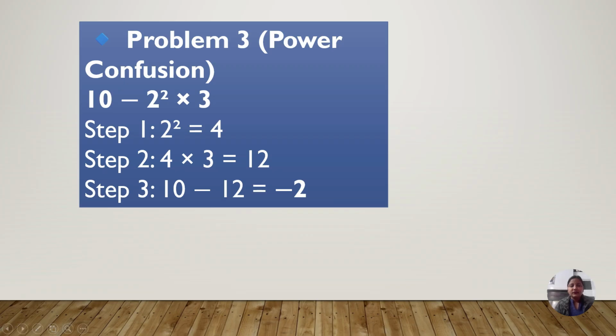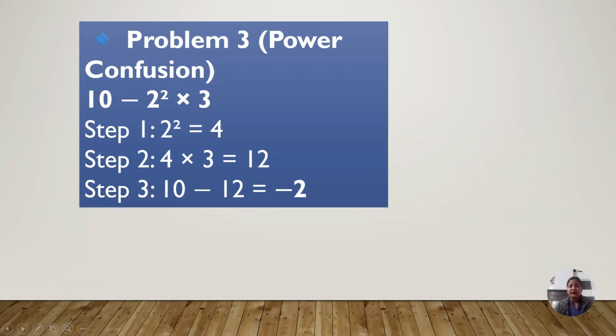So let's solve another problem. 10 minus 2 square multiply 3. So what do we need to solve first? We need to solve first order, square, cube, as per the BODMAS rule. So when we solve 2 square, what will you get? You will get 4. 2 square equals 4.